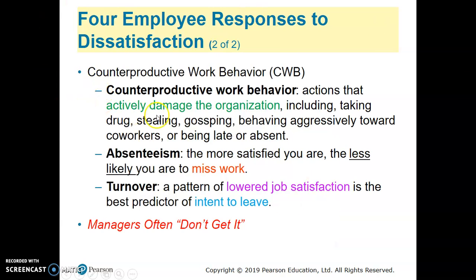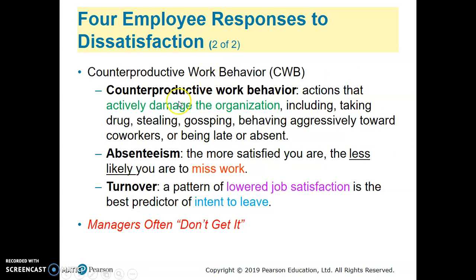Another outcome of job dissatisfaction is counterproductive behavior, where if they are dissatisfied with the organization or the job, they tend to get involved in actions that can damage the organization. For example, they take drugs, they may steal from the organization, gossip about other employees, come late, and so on.